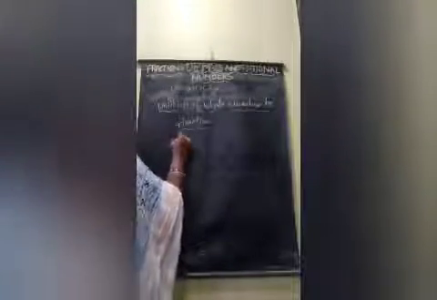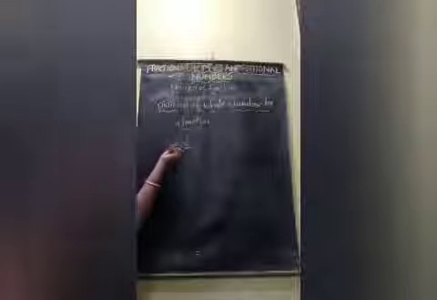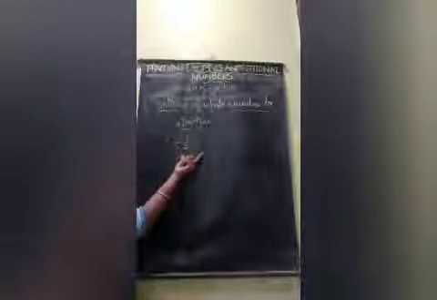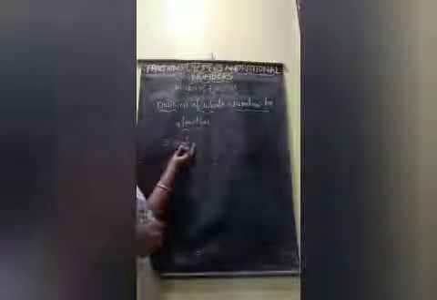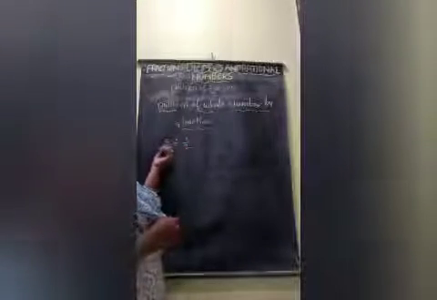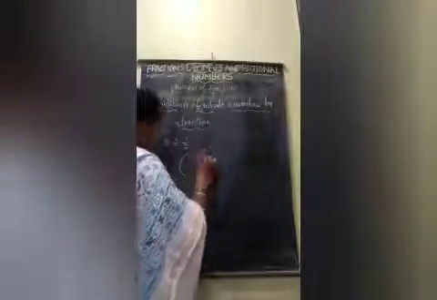Division of a whole number by a fraction. How to divide a whole number? For example, you take 3 divided by 1 by 2. Any whole number divided by a fraction, that means how many halves are there in 3?